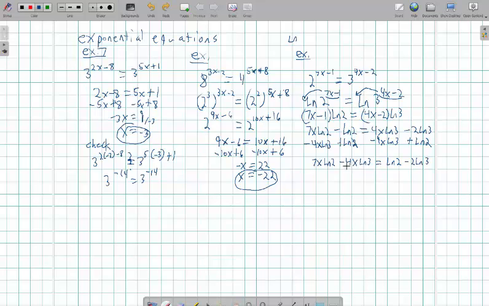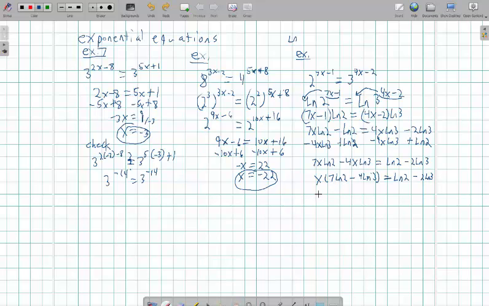I can factor out an x on this side. X times 7 ln of 2 minus 4 ln of 3 equals ln of 2 minus 2 ln of 3.